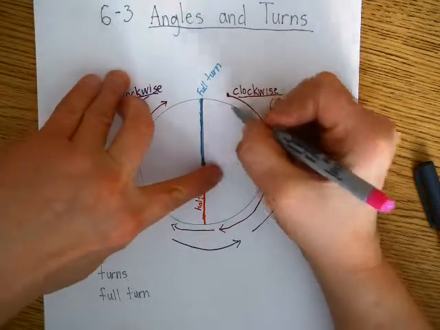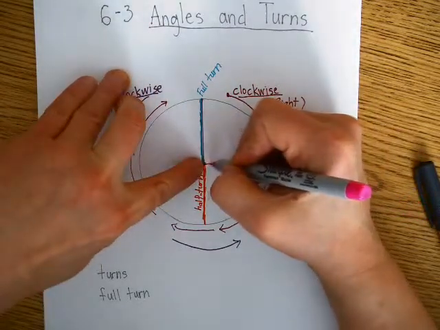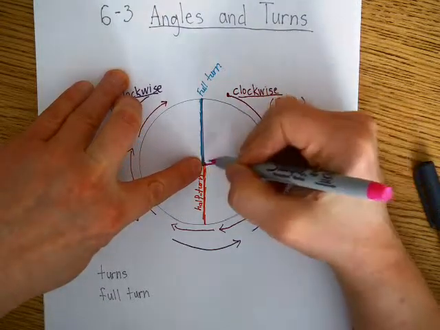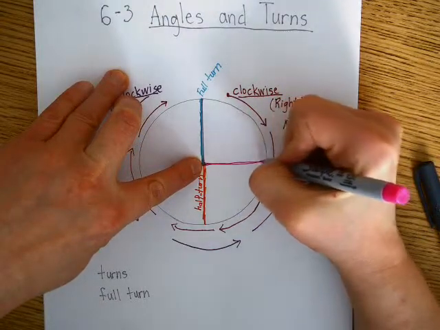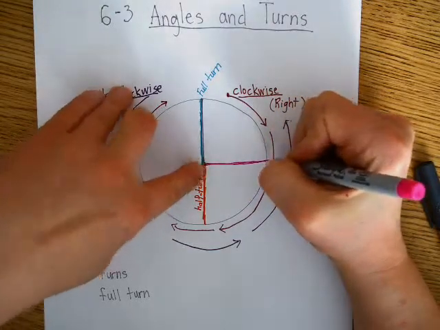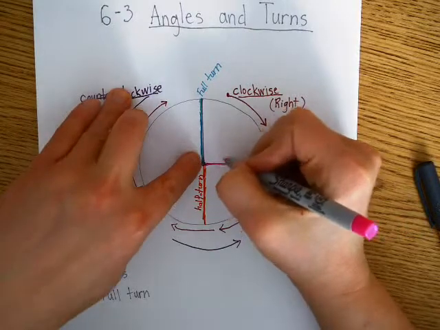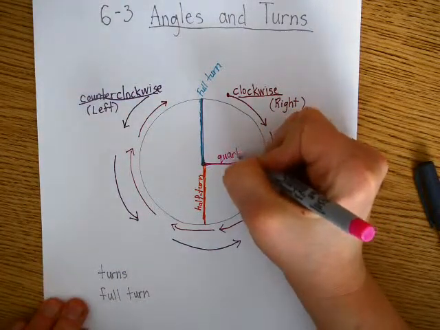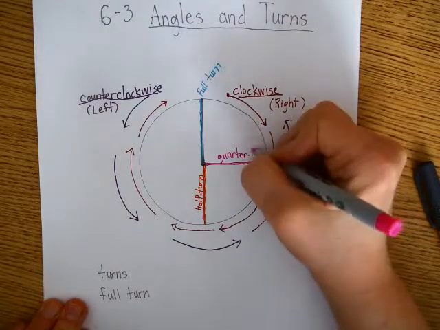This hand is just going to turn a quarter of the way. So right here would be a quarter turn. So it turned from here to here, a quarter turn. Now this doesn't mean the hands will end up in the same spot because maybe the turn starts here and goes to here. But you kind of get the idea, I think. So here's a quarter turn.